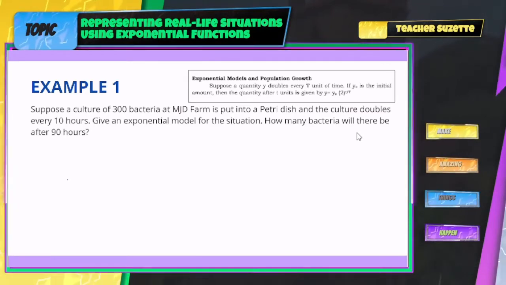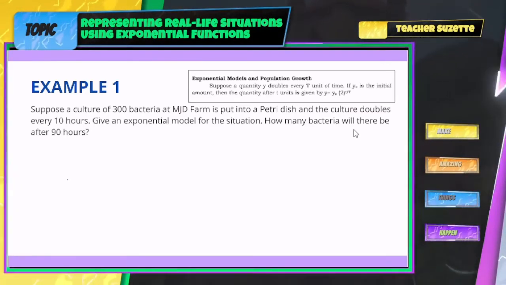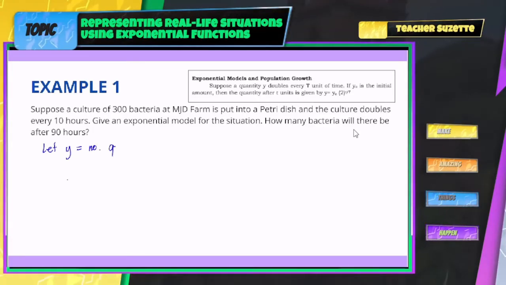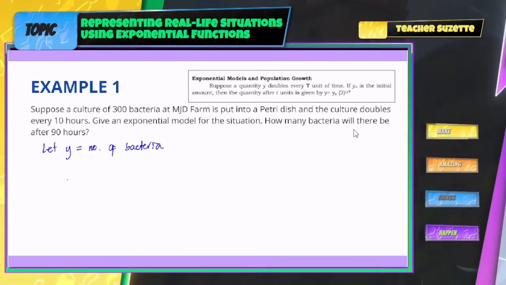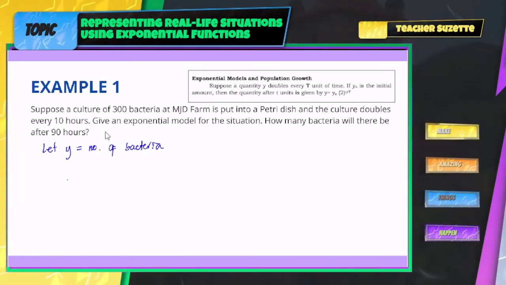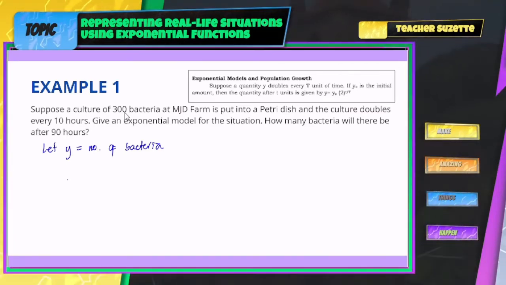So first thing we have to do is to represent our number of bacteria. Let's say we let y be equal to the number of bacteria. Then, let's go back and understand our problem. Originally, we have 300 bacteria.